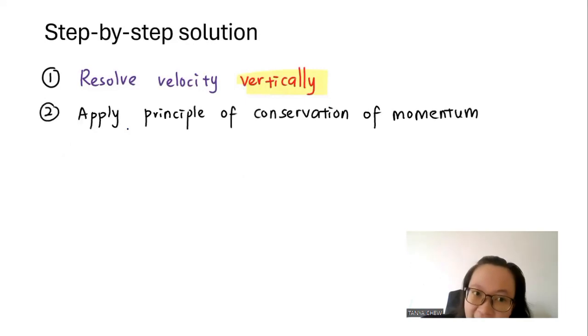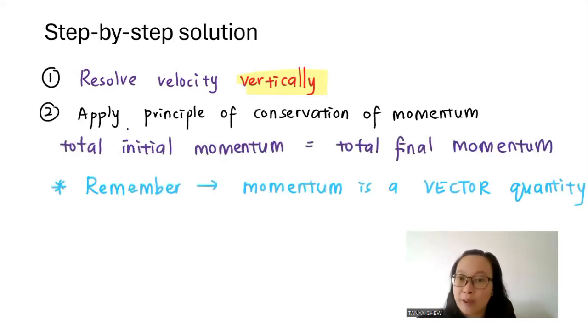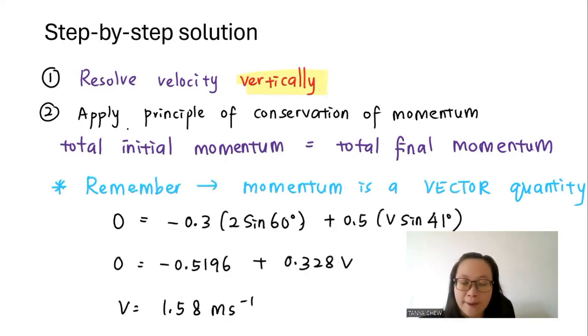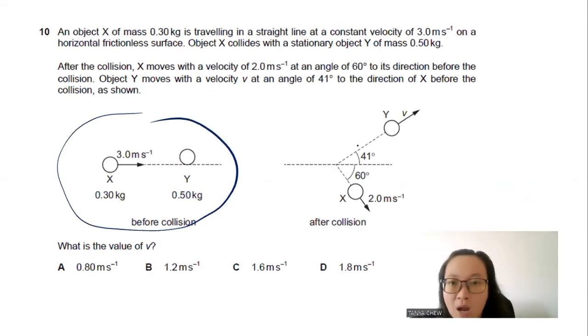After that, I apply the principle of conservation of momentum. Total momentum before must be equal to the total momentum after the collision. Remember, momentum is a vector quantity. So I put before as equal to zero because I cannot resolve it vertically. After the collision, since momentum is a vector quantity, you have to bear in mind Y is moving in this direction, so I resolve it vertically.